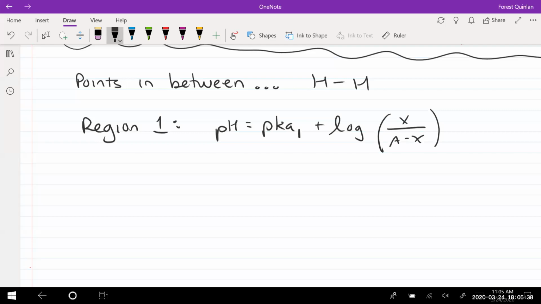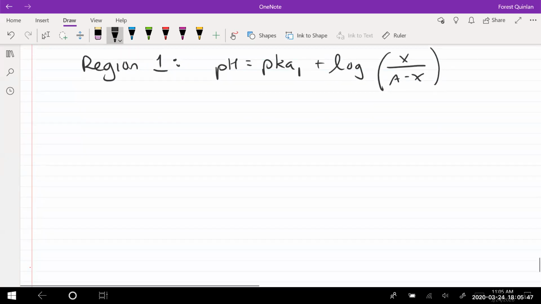If we're in region 1, we're talking about the Ka1, which means in region 2, it's Ka2. Okay, so now we need a and we need x.